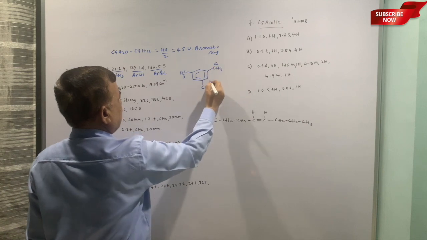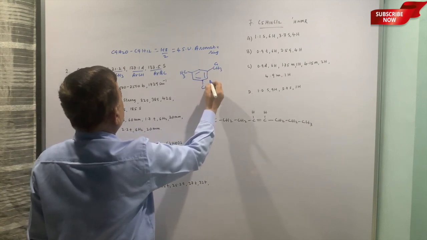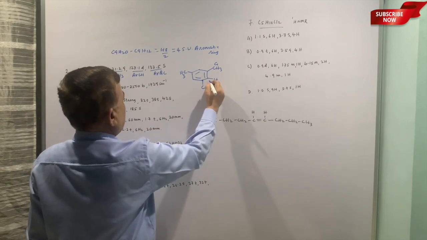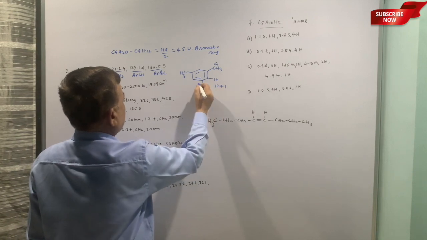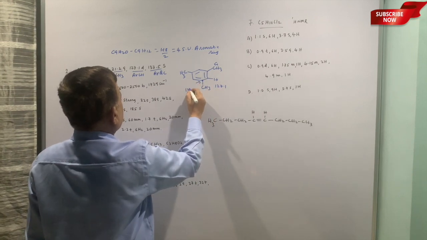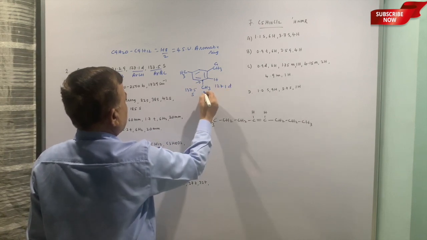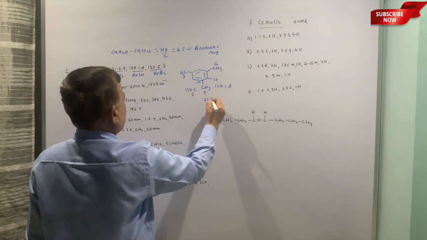This is 127.1, this one is 137.5, the singlet, this is doublet, and this is going to be 21.2 quartet.